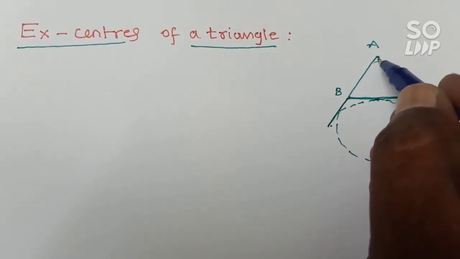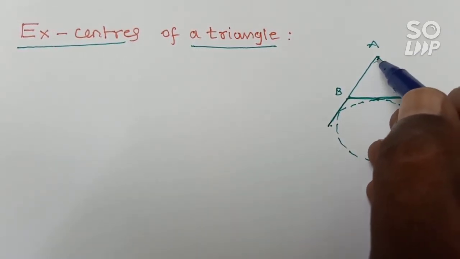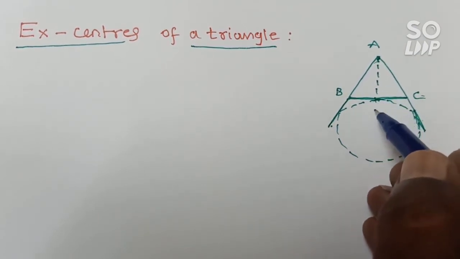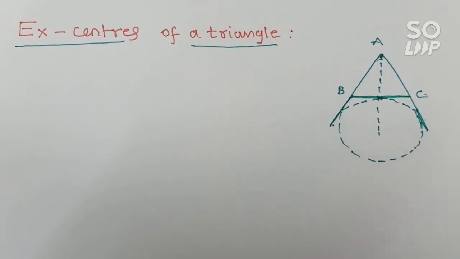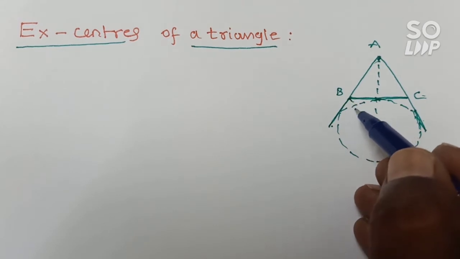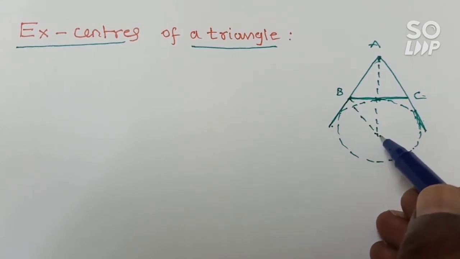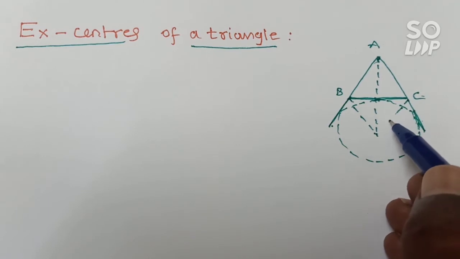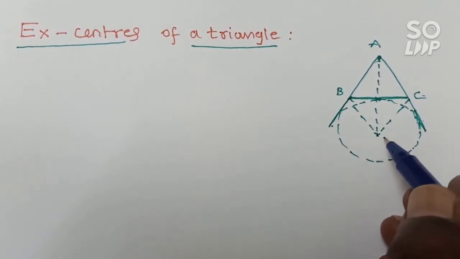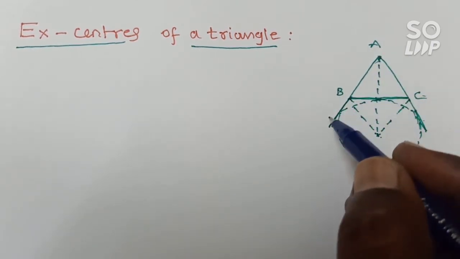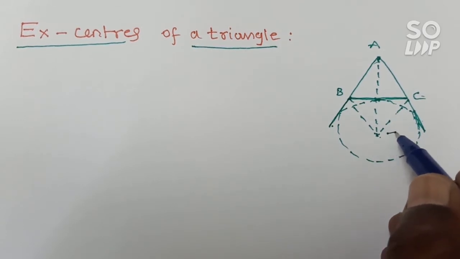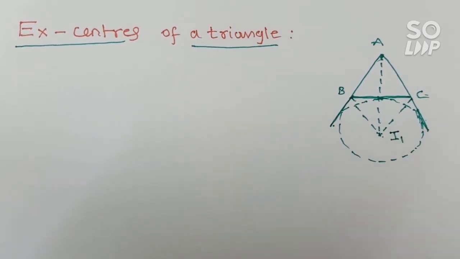Now the excenter is the point of intersection of one internal angular bisector and the other two external angular bisectors. So this is the excenter of triangle ABC opposite to the vertex A. It is denoted by I1.